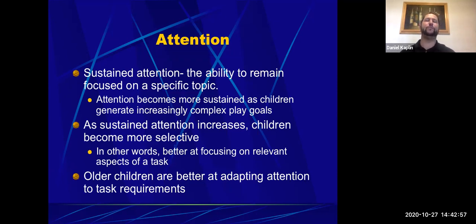All right. So we talked about memory. We talked about Piaget. Let's talk about attention. So attention is your ability to focus on something. Now, what is sustained attention? Your ability to maintain or remain focused for an extended period of time.